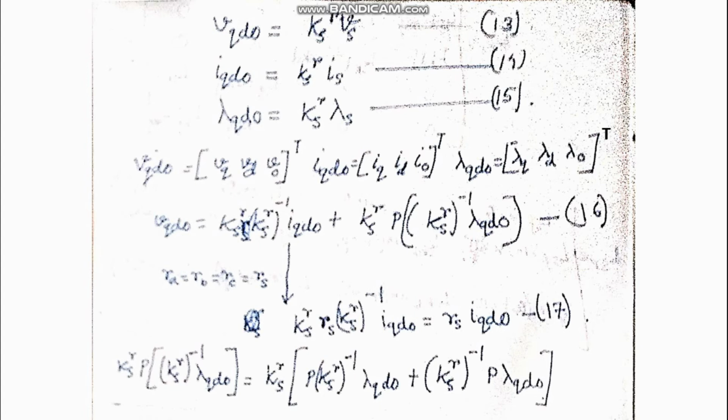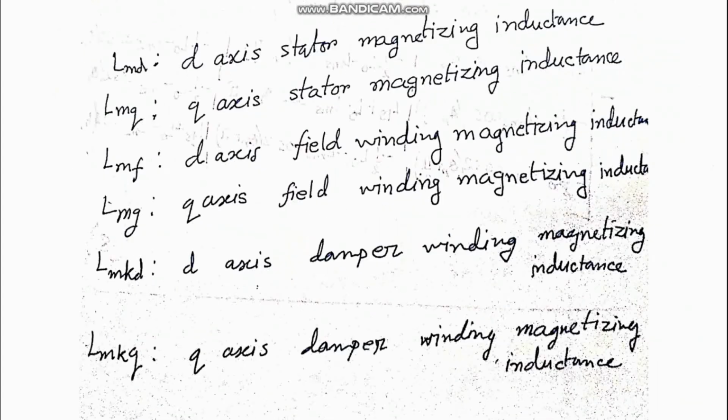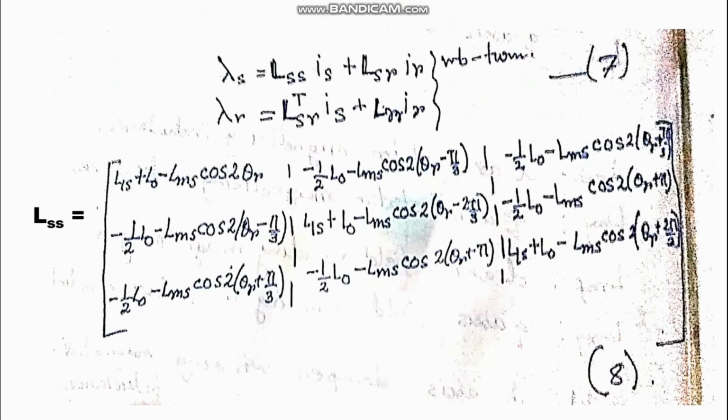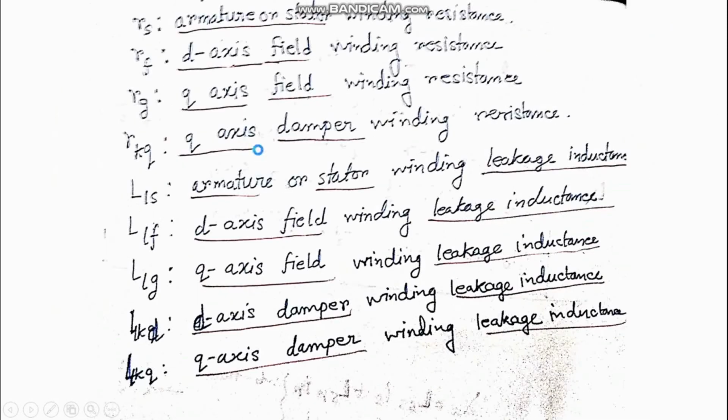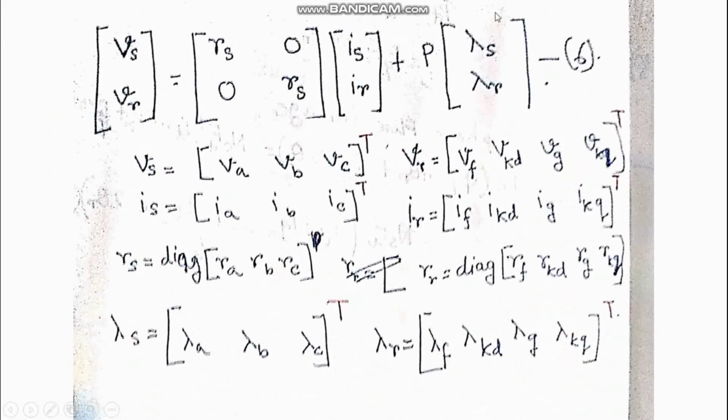I would like to explain it once again: this matrix has a lot of theta.